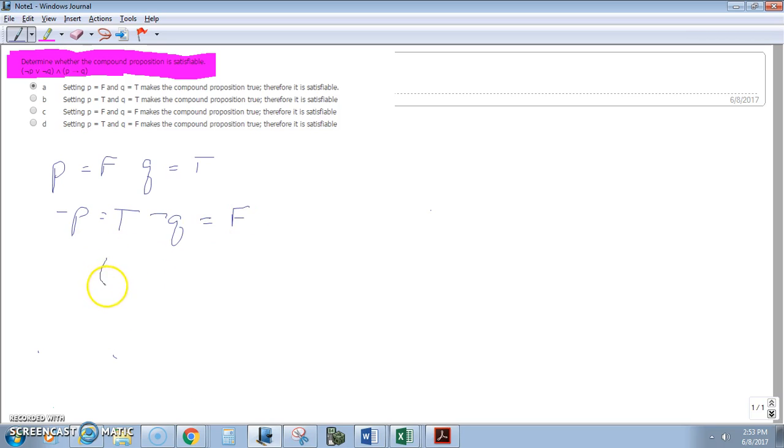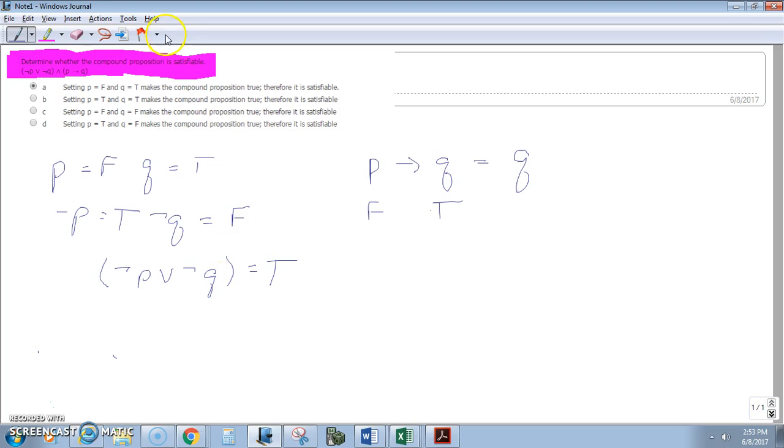So you have not P or not Q is true because one of them is true. Then if you have P goes to Q, and P is false and Q is true, you still have a true solution, as P goes to Q is true. So the whole compound proposition should go to true, right?